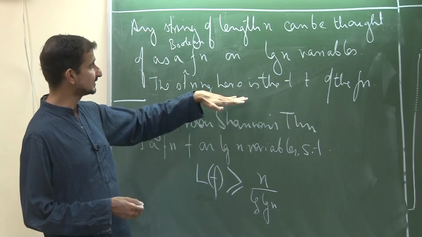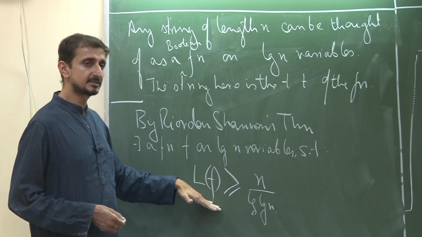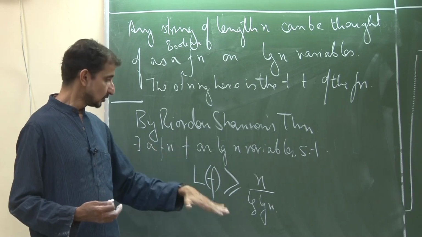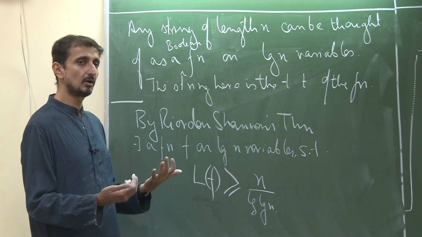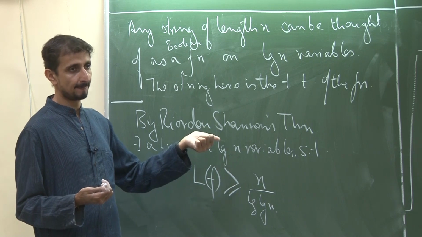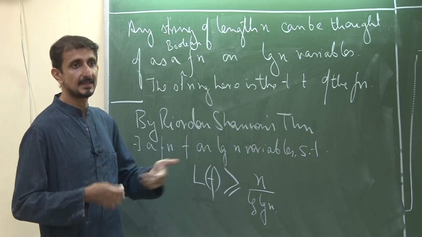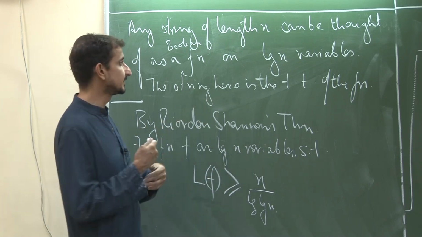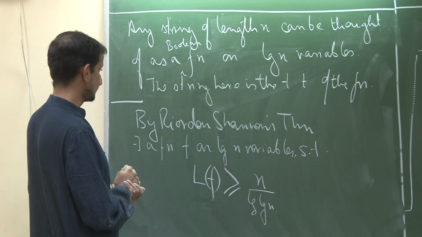Now, I have this function, and I said that I can think of functions and strings equivalently. So look at the corresponding string of length, how much? n, right. If I have a function on log n variables, its truth table is of size 2 to the power log n, which is n.